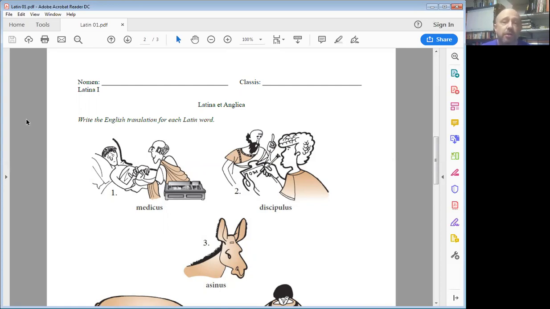And what you have to do on both of these pages is just write the English word that goes with the Latin word. And there's a picture to help. So the very first picture, picture number 1, medicus. Whatever medicus is in English, put it. That's pretty simple, I think. In most cases, I doubt these will give you too much trouble. My one caveat, it's a Latin word, caveat, is spell things correctly, please.